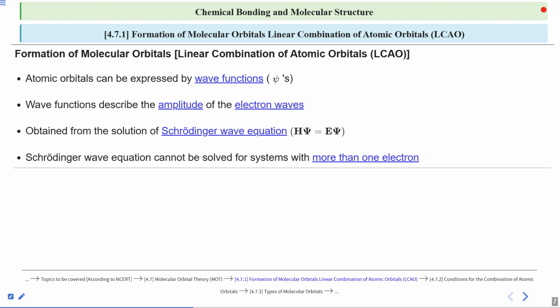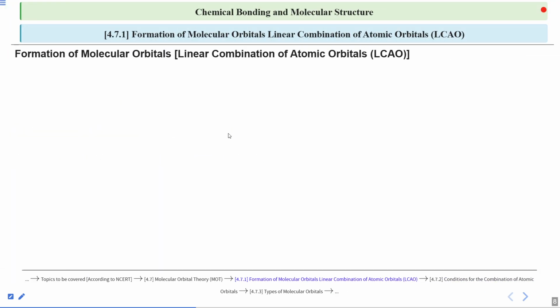Now coming back to our discussion, let us try to understand what is this linear combination of atomic orbital. So let us now move to linear combination of atomic orbital.